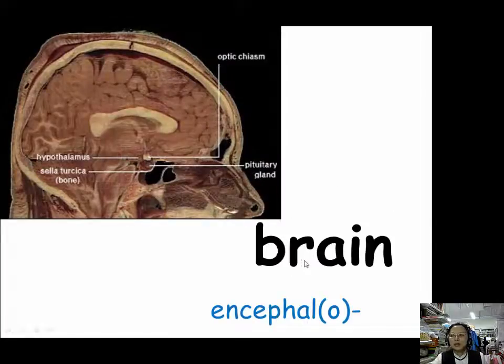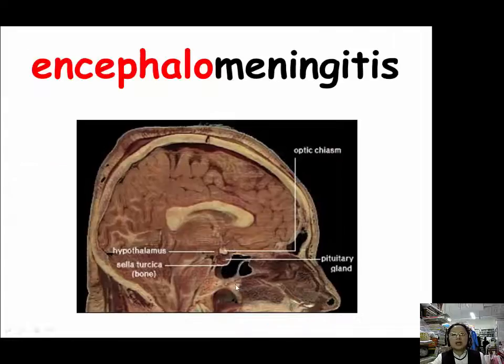When we talk about brain, we have one prefix, encephalo, E-N-C-E-P-H-A-L-O. Our example is encephalomeningitis. Encephalomeningitis is inflammation of the brain and its meninges. Meninges means the membranes of the brain.